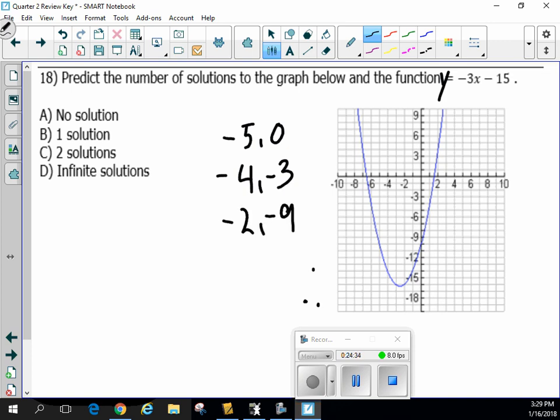So we'll start with negative 5, 0, which would be right here. Negative 4, negative 3, 1, 2, 3. And negative 2, negative 9 would be down here. If we made the general shape of our line, it would cross how many times? 1, 2. It crosses twice, so you would say C.